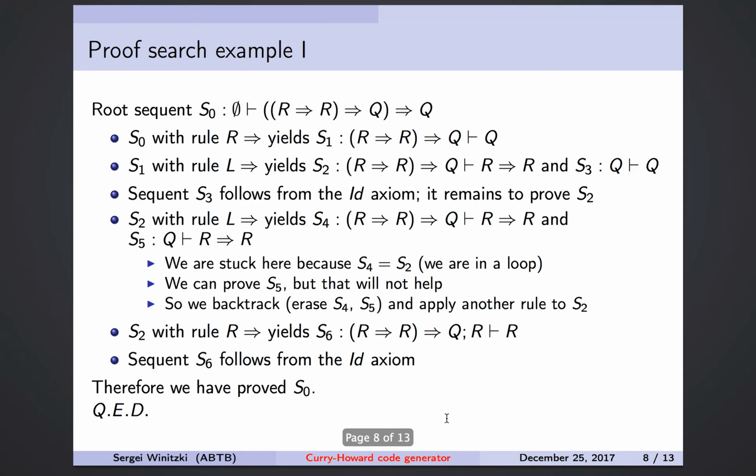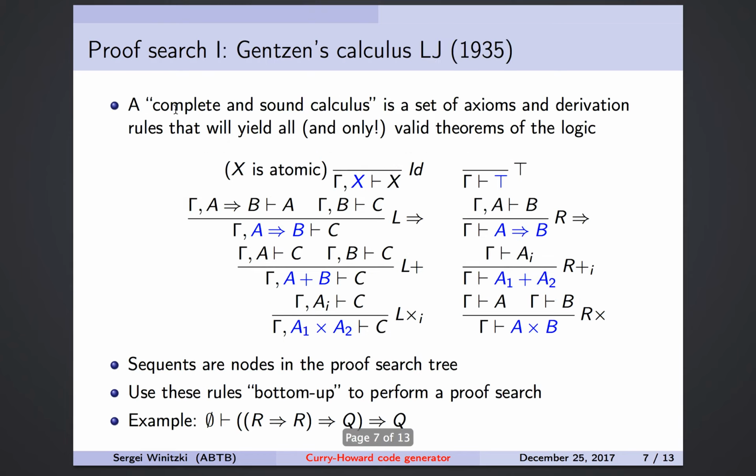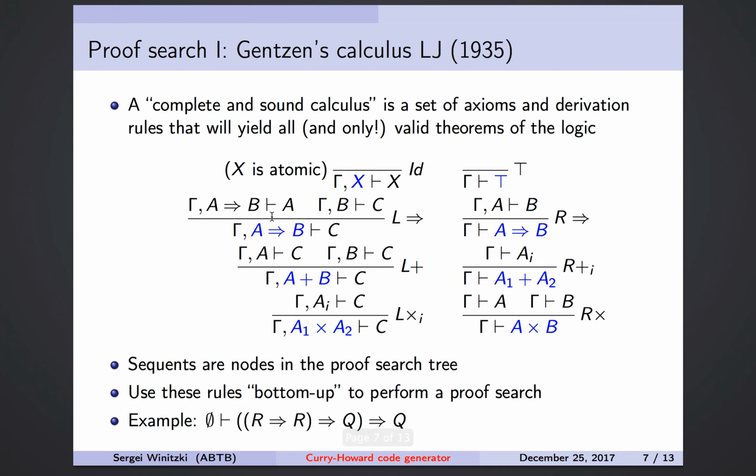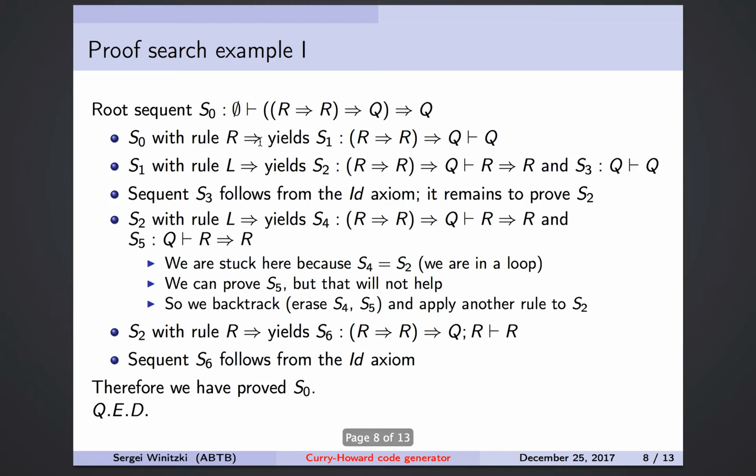So let us follow through with the derivation of this sequent. It turns out that this is a theorem. It can be derived. So we start with a root. We make a search tree, so to speak. The root of the search tree is this initial sequent. Which rule can be applied to it? So the sequent has nothing in the premises, so none of these rules can apply. Only these. Now, which one of these? Well, obviously, only this one, our right implication, because we have a sequent that has an implication as a goal.